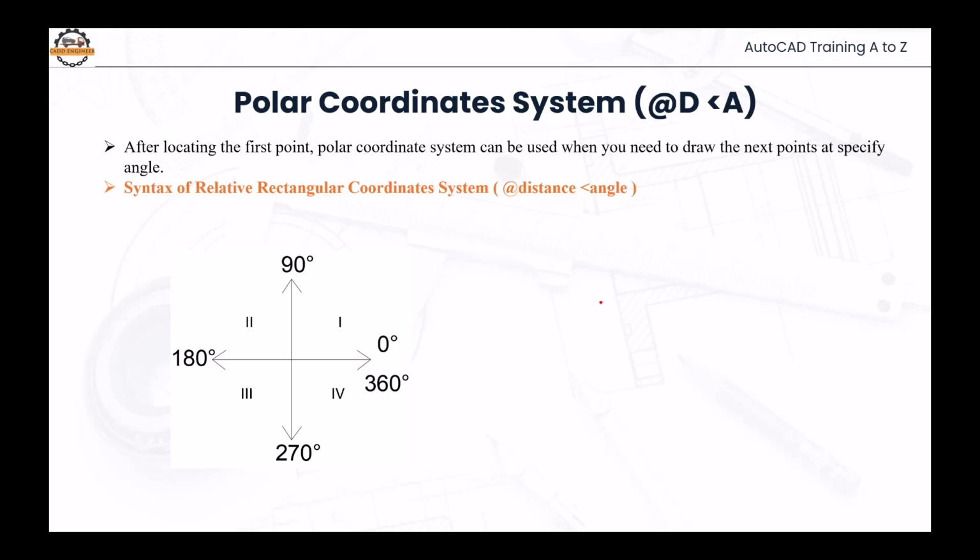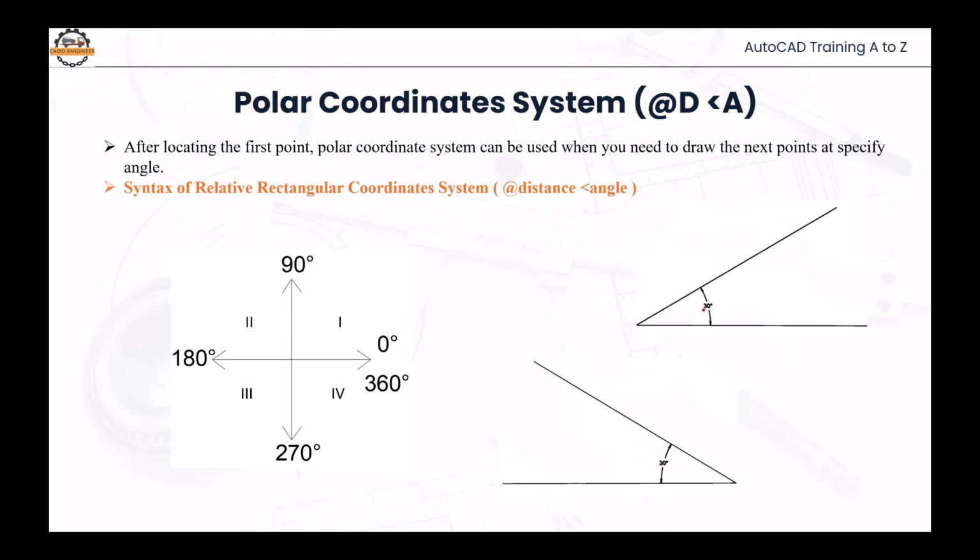Now I have one example here. So I made this 30-degree angle here. If you see this carefully, according to the coordinate rule, this line is going between 0 to 90, so the angle will be 30 degrees. Now if you see this line carefully, this line is going 90 to 180 degrees.